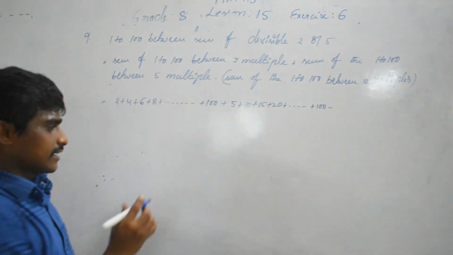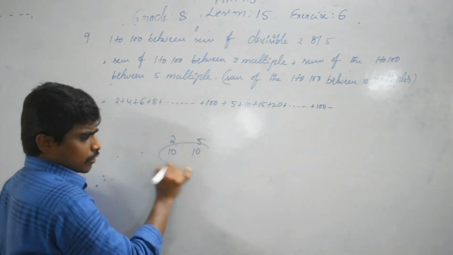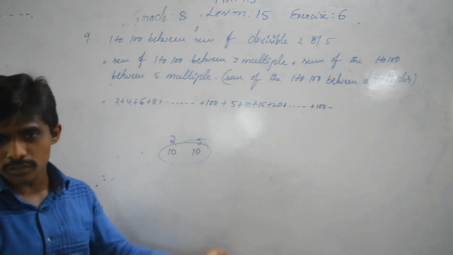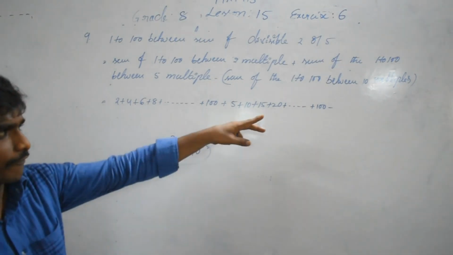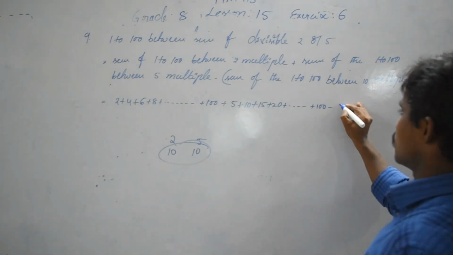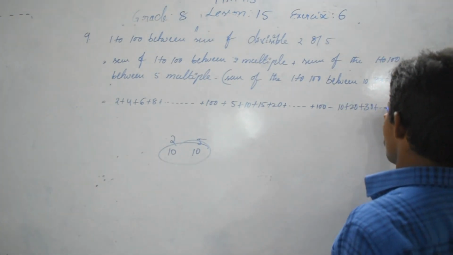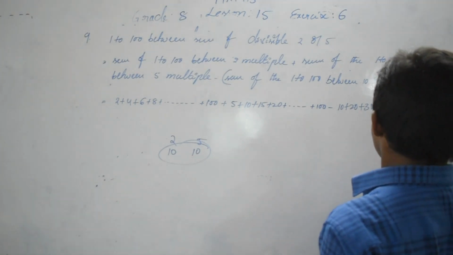Why? 10 is divisible by 2 and 5, so these numbers are added two times, so we subtract the multiples of 10: 10, 20, 30 and so on up to 100.